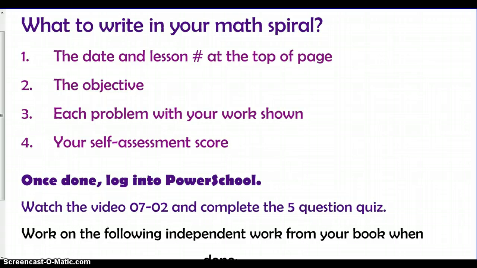What to write in your math spiral. Please follow these directions and then, of course, do your self-assessment.